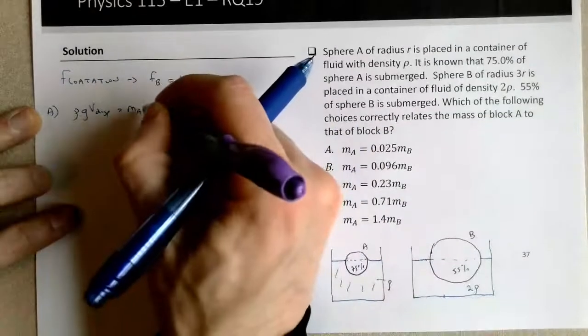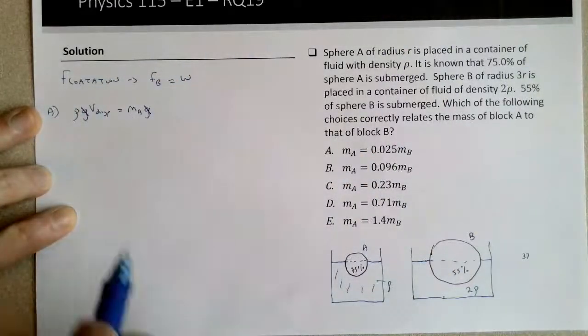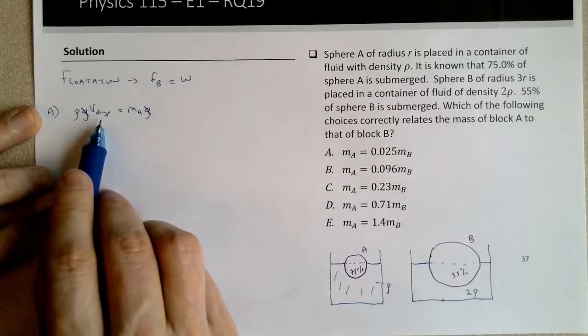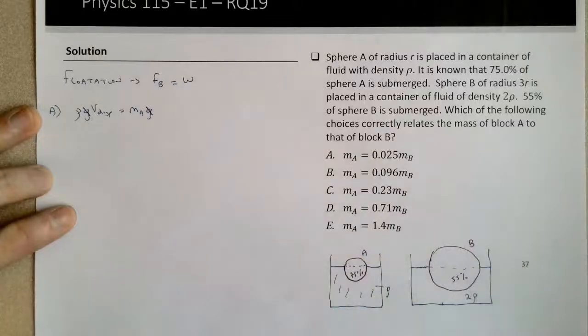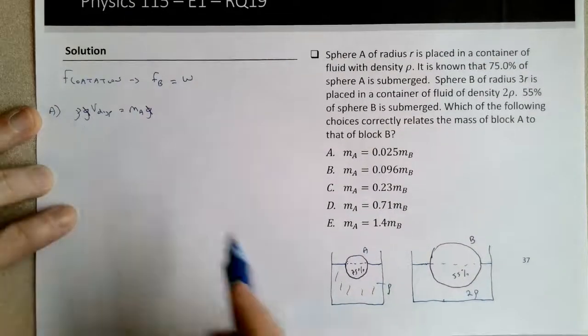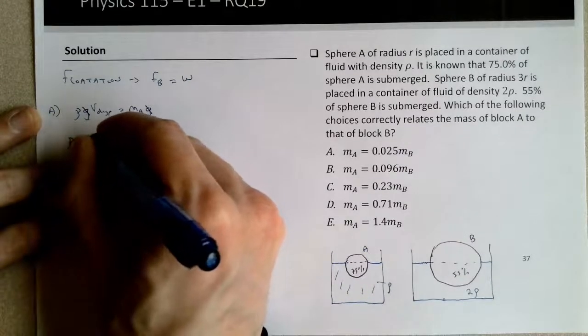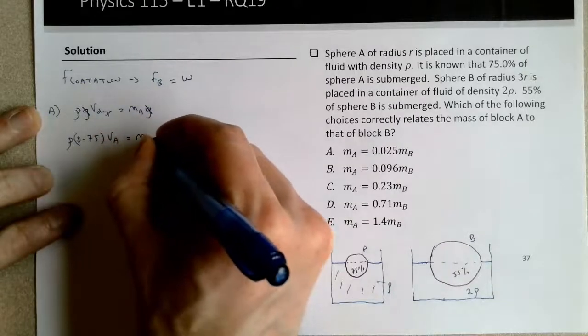So we'll go ahead and cancel out those g's. And the volume displaced in this particular case is linked to the volume of sphere A, which we know is 75% of it. So rho times 0.75 times the volume of A is equal to the mass of A.